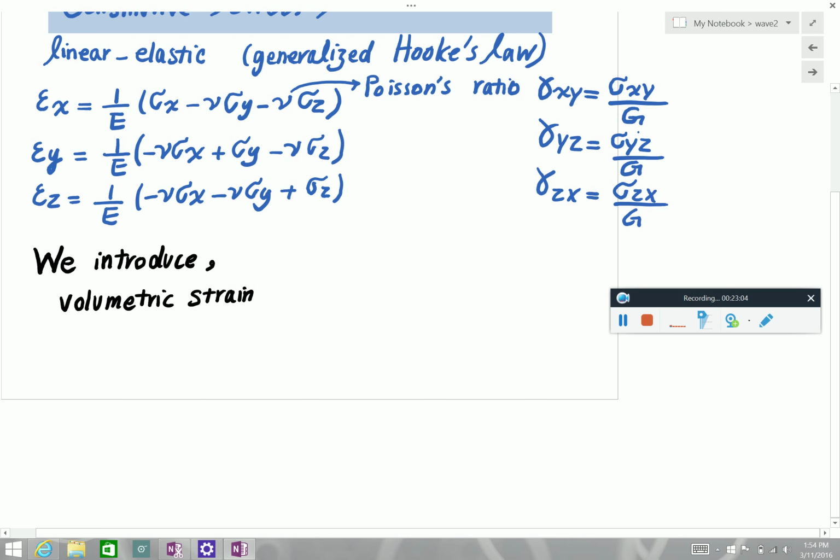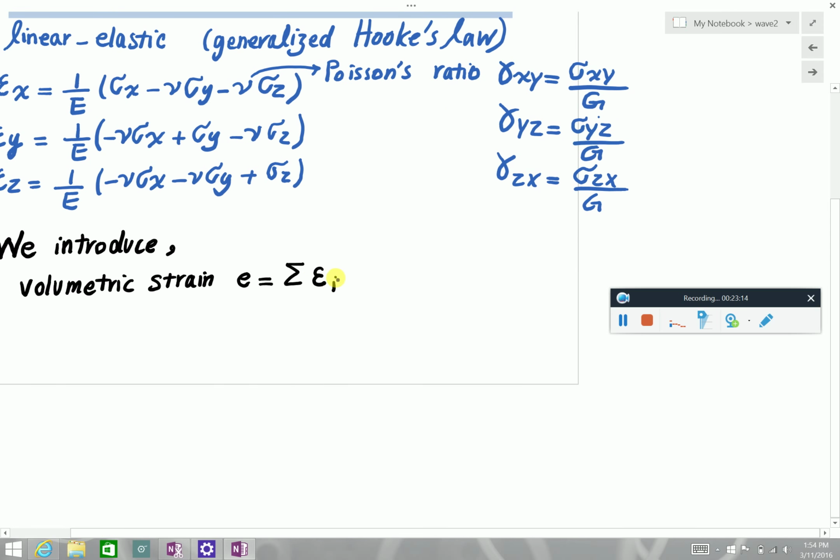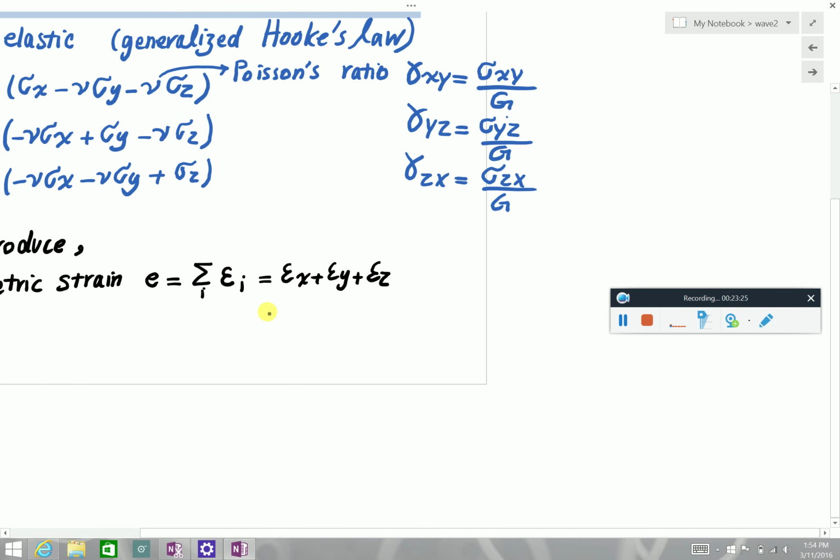We use e here, which is just the summation of normal strains, which is epsilon x plus epsilon y plus epsilon z, and consequently we can write it in terms of displacement, the derivative of u with respect to x plus the derivative of v with respect to y plus the derivative of w with respect to z.